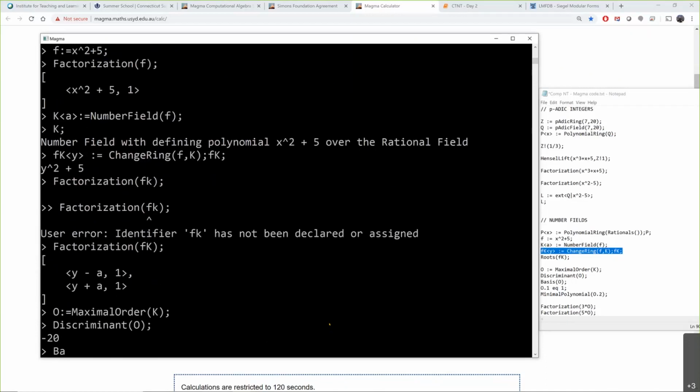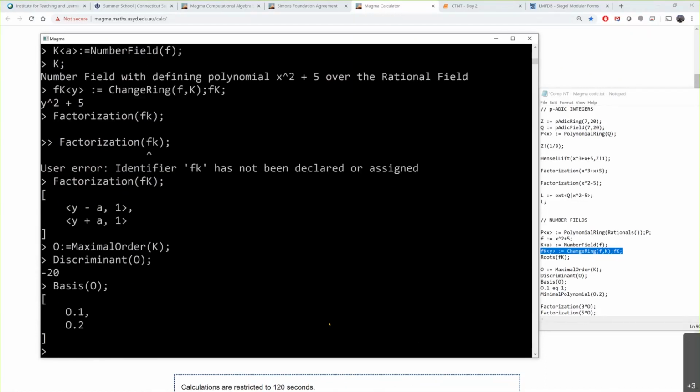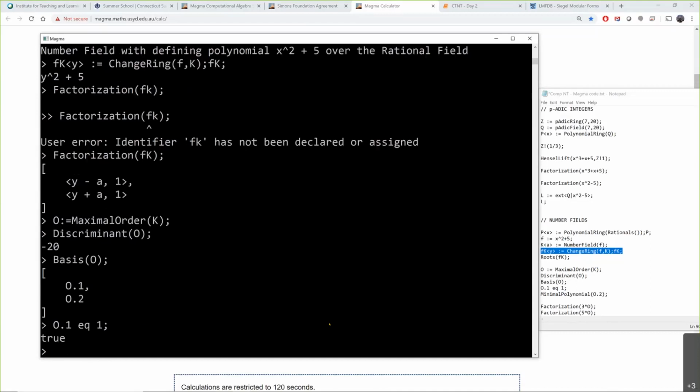I can do a basis of O. And that's not very useful. Thanks, Magma. But so the basis is just the first basis element and the second basis element. All right. You have to prod it out of Magma. What is it? O1 is just the number 1.